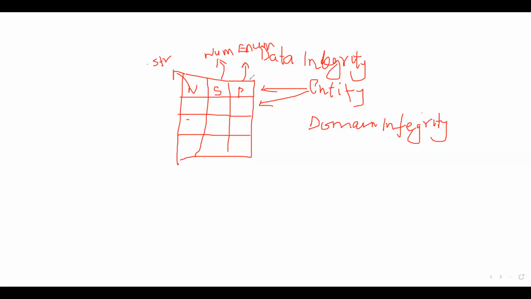So if you put in anything outside what is in the enum, it will reject it. And that's what we call domain integrity. If you come here and put in text for salary, it will reject it, it won't go. If you put in a number for name, it will not go, because somebody's name is not a number. That's domain integrity.